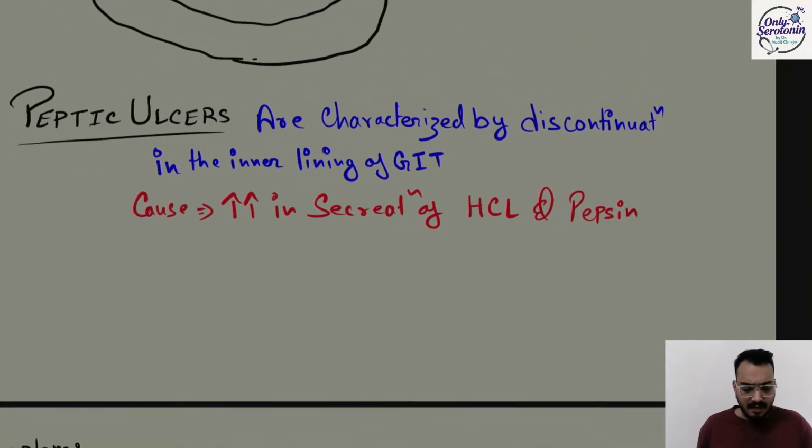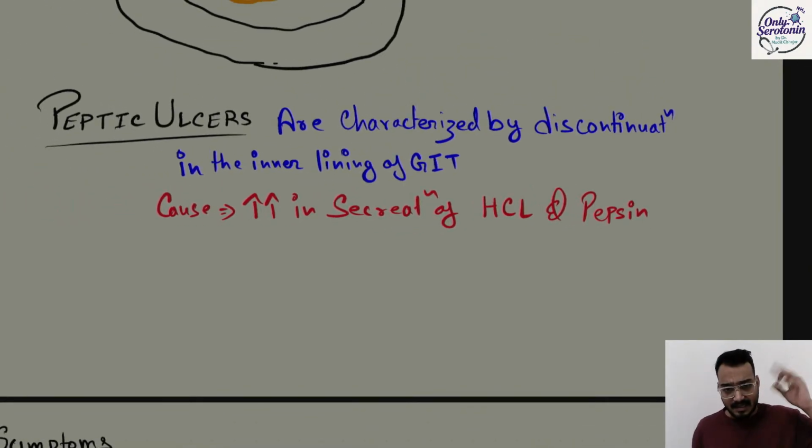So pepsin and hydrochloric acid are getting increased in my stomach. Because of that, they are destroying the inner lining of my GI tract, and because of that, the person is having peptic ulcers, right?